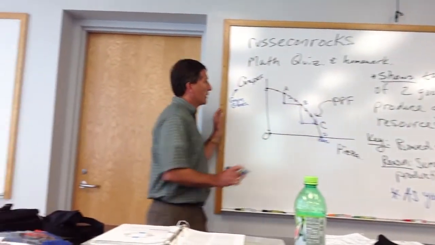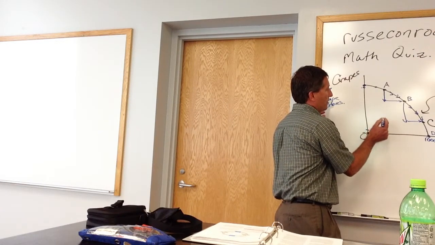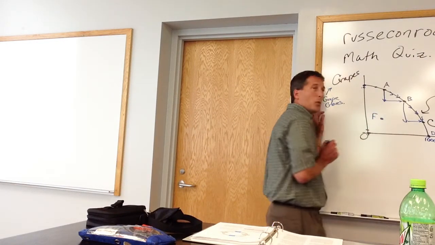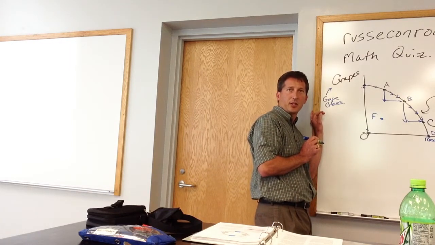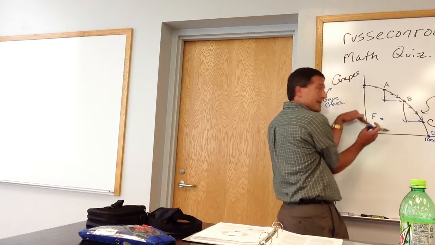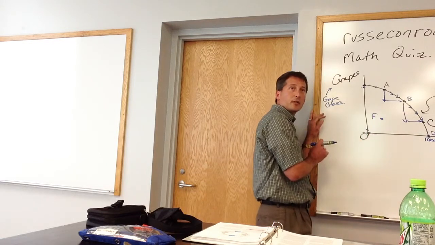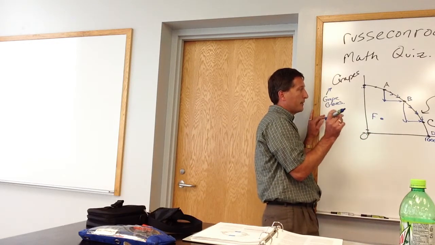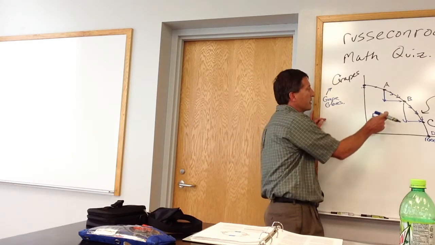All right. So we talked last time, just kind of a little refresher here. Point F, what's true about it? It's inefficient. So it's a possible production point because it lies inside the frontier, but it's inefficient. And inefficiency, we're going to define in kind of a special way. We can do better, you're right.